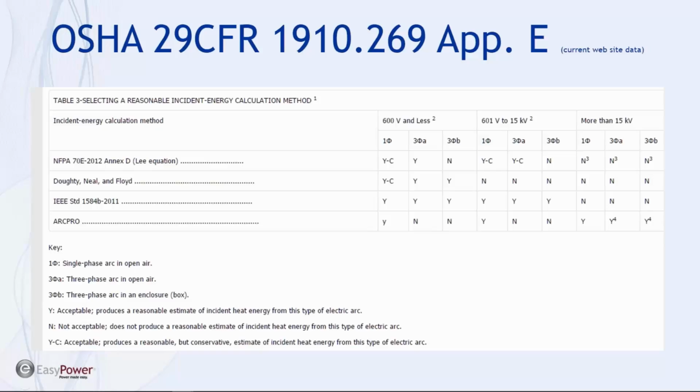So off the bat, you can see we have a new player in the form of ArcPro, but you notice it's not recommended for any three-phase applications at low voltages. Now, I have nothing to say about this product.